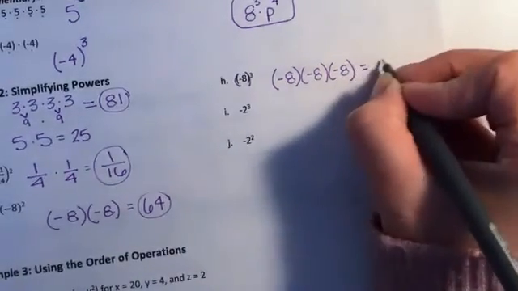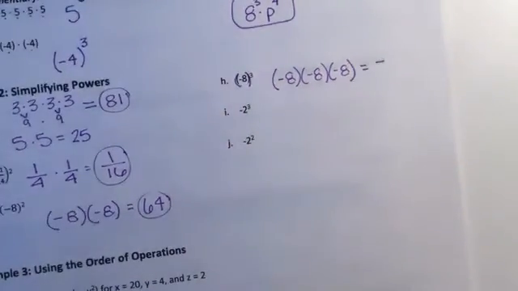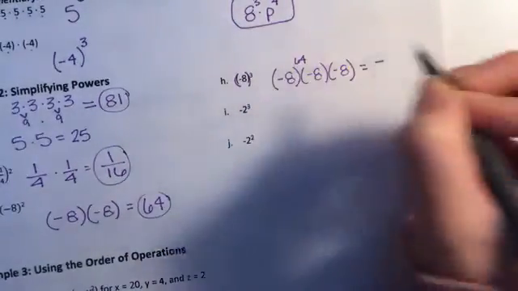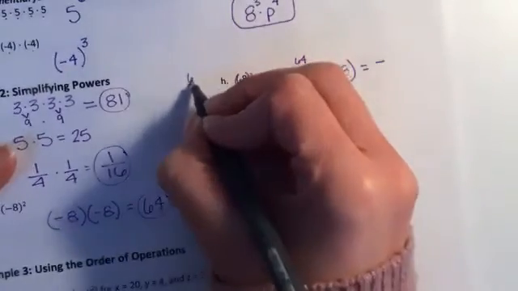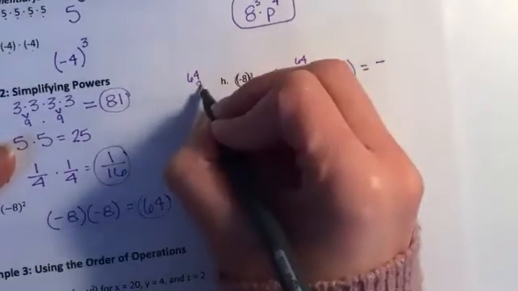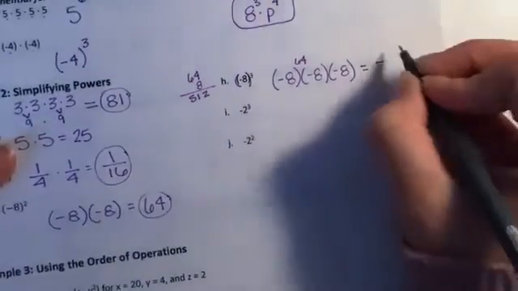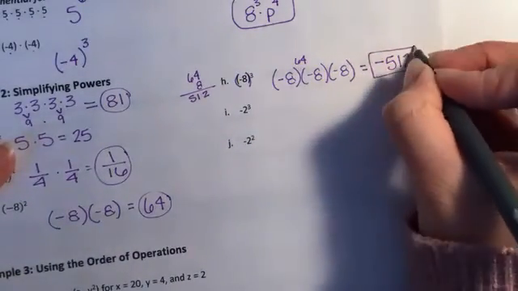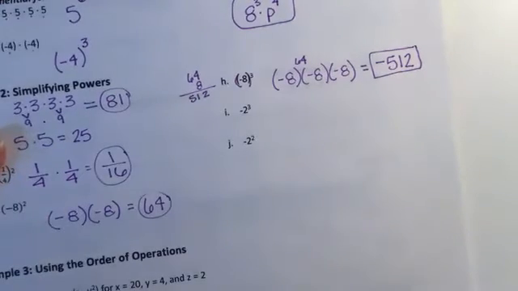So we know that our answer is going to be a negative. This one turns out to be 8 times 8, which is 64. And sometimes you might have to just do this off to the side. 64 times 8 ends up getting me 512. So just have to be careful of your positives and negatives.